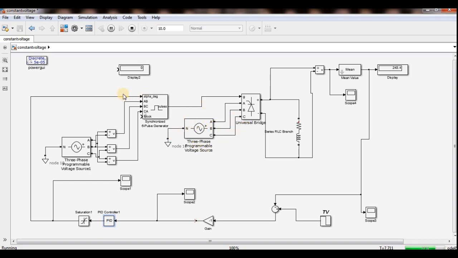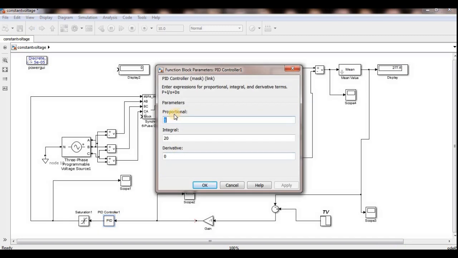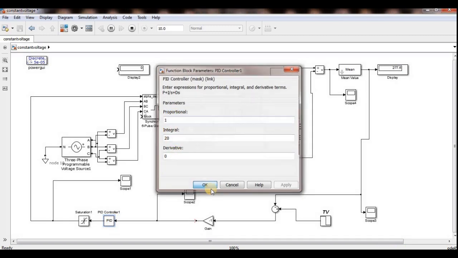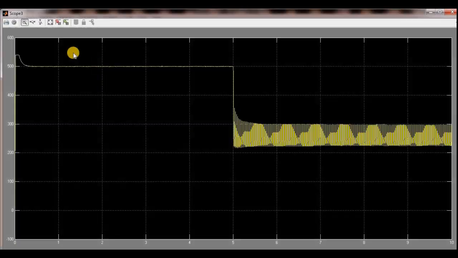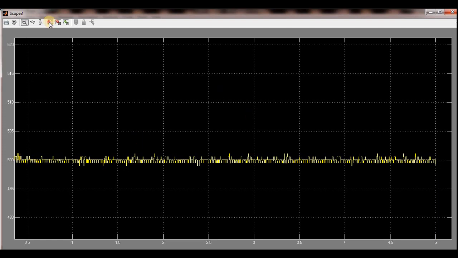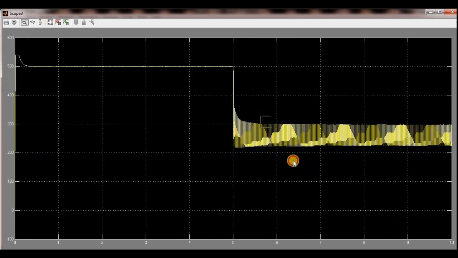Alpha is here, and this alpha I am now generating by the PID controller. Actually I made D as 0, so it can generally be called a PI controller. So see, compared to the previous one, I am getting smoother curves. See, this is exactly 500 I am getting, and this is the 250.